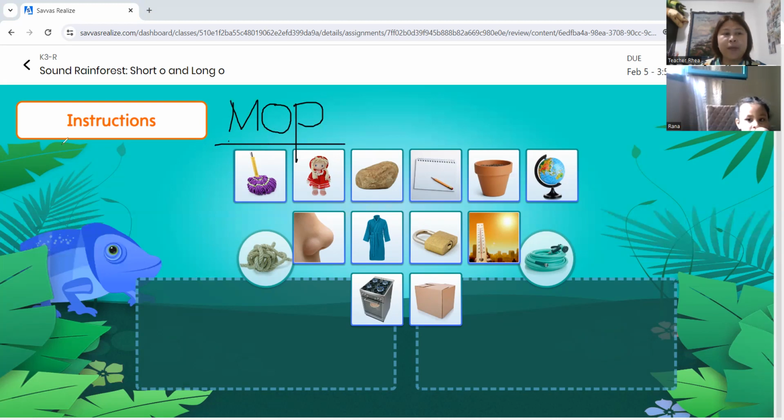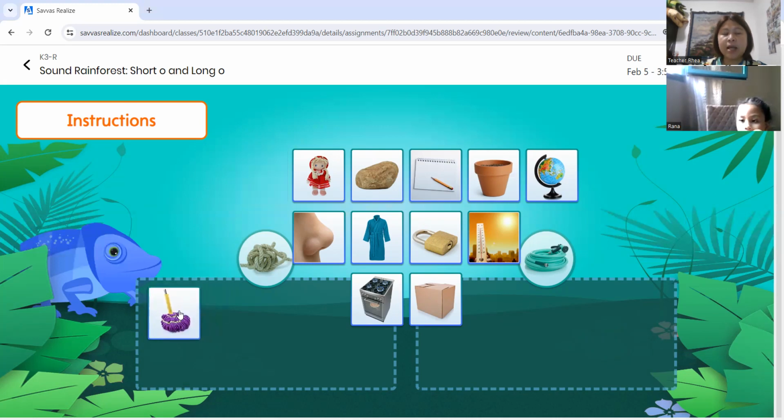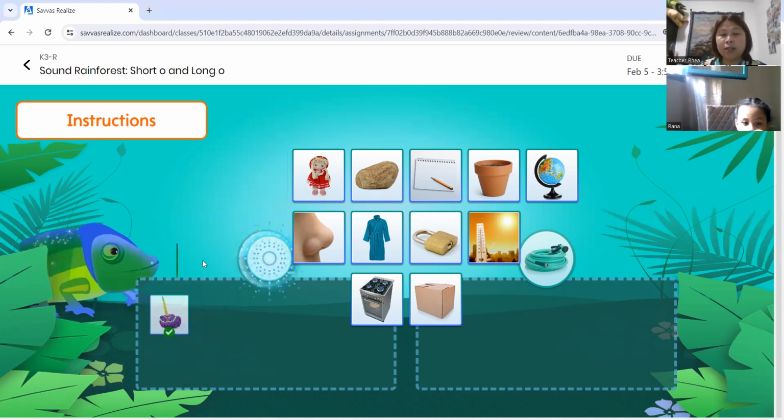Mop. Yes, mop. So where should we put mop? Under the knot or under the hose? Knot. Yes.